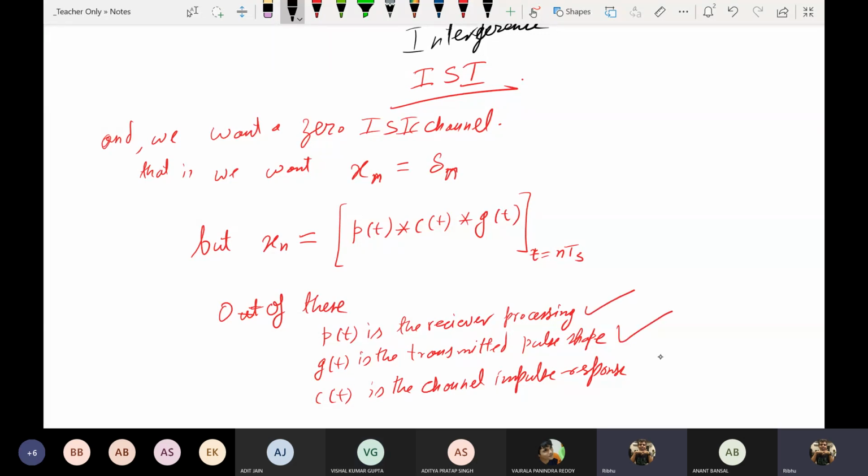Can we control the channel impulse response? No, sir. We cannot. So the purpose of our discussion in the coming lectures, because it's almost time, I won't proceed from this point, is to design p(t) and g(t) so that for a given channel impulse response, we are able to extract the signal with the minimum amount of intersymbol interference. Fine.